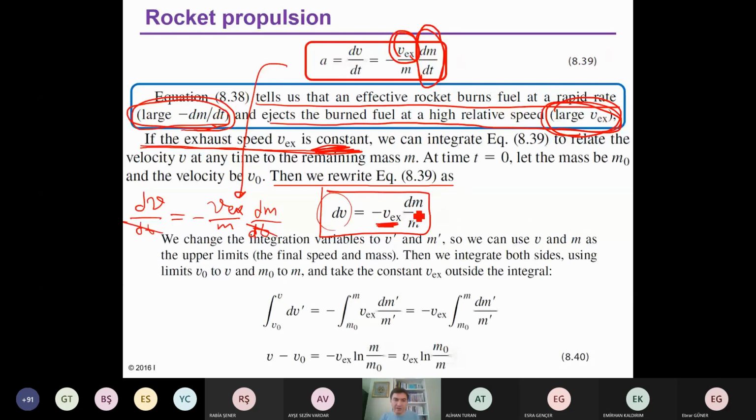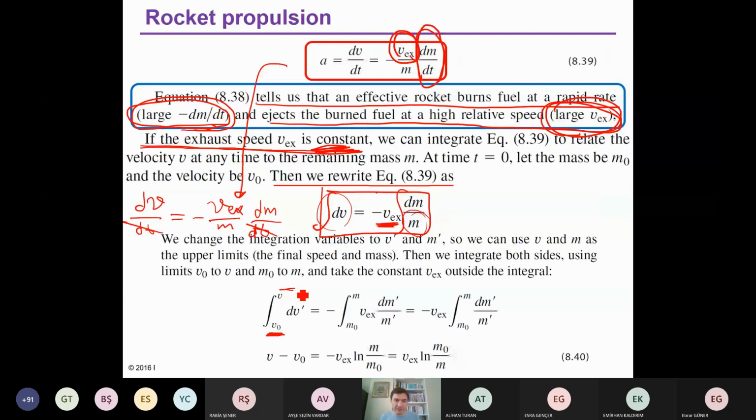Then the velocity from the initial velocity to the final velocity, this integral, minus Vx, you can take it out. Initial mass of the rocket, final mass of the rocket, dm prime over m prime, okay? Then if you solve this integral, then you will get this expression.